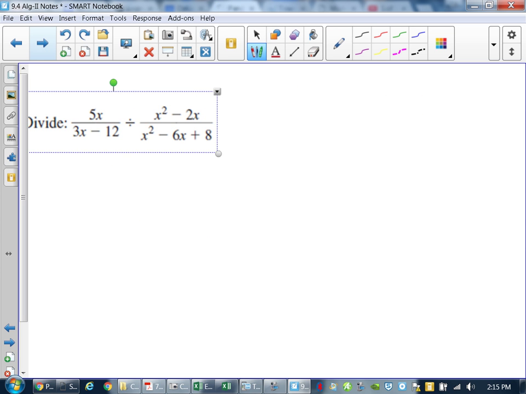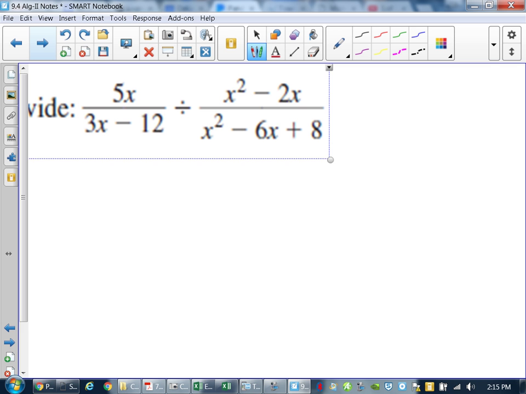Oh no! What do I do when I'm dividing? Same change, flip. Just flip it. Yeah. So we start off the problem the exact same way. 5x. Is there a GCF?